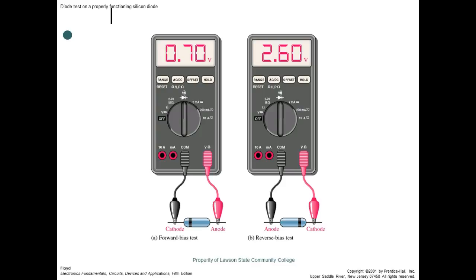Most of your newer meters actually measure millivolts, by the way. And then if it's reverse biased, it's going to show something quite a bit larger. Some meters show open. Most of your new meters show overload. Overload means it's an open.